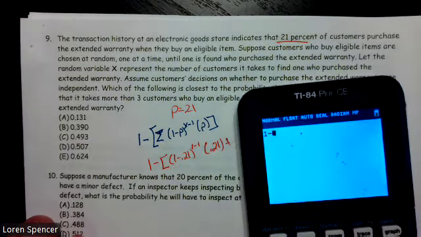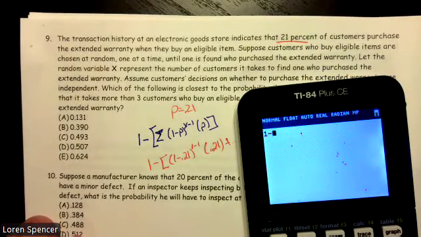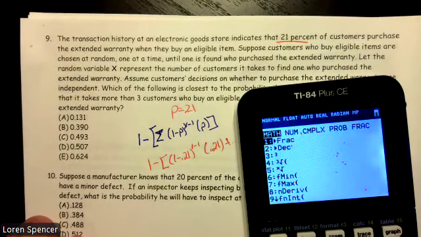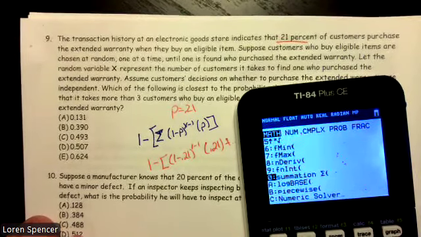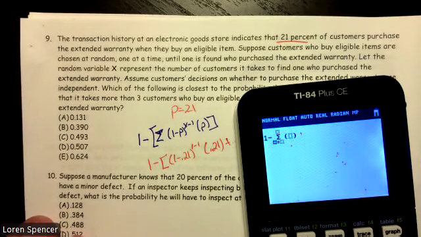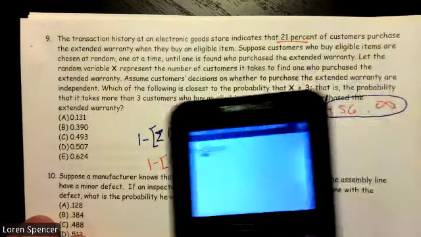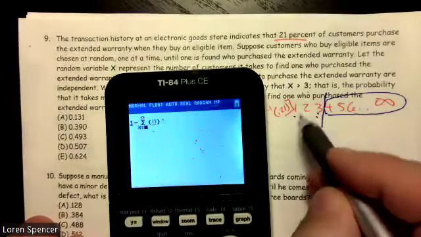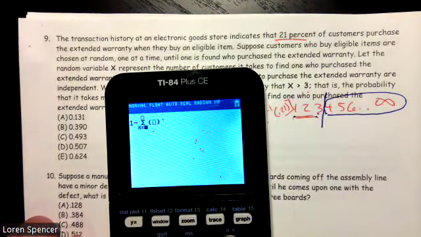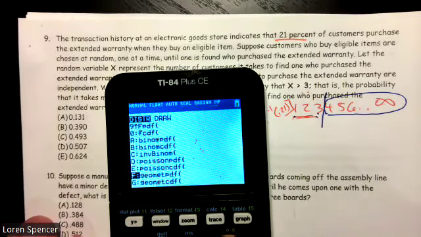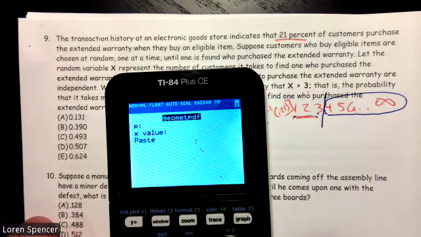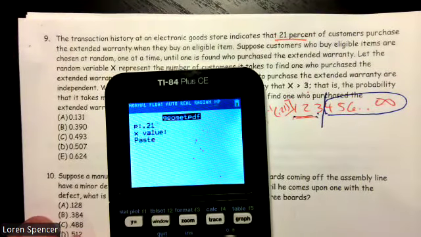So here we go. 1 minus, math button, summation, press X equals. Our lowest value is right here at 1, and our highest value is 3. Second vars, geometric PDF. P we said was 0.21.